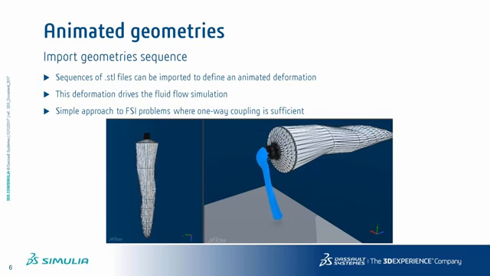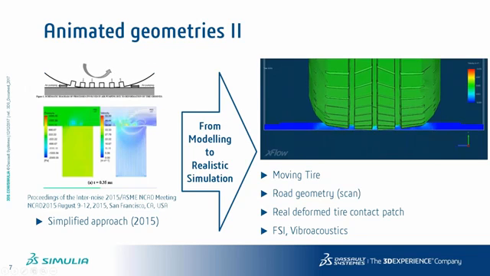So the fluid is actually affected by the structure deformation, but not the other way around, because the structure deformation is actually imposed on our simulation. And you can see how the tube deforms. Okay, on the left-hand side you have just the geometry, on the right-hand side you have the geometry and the fluid flow coming out. That's one of the applications of such a feature.